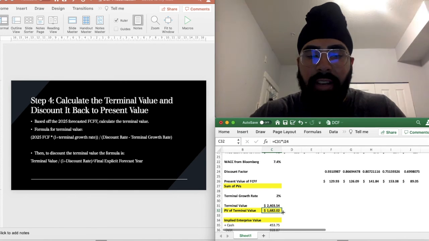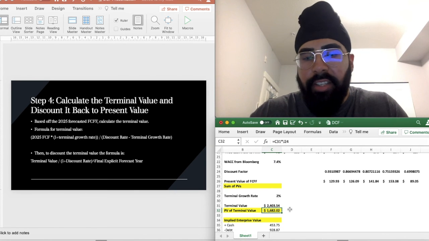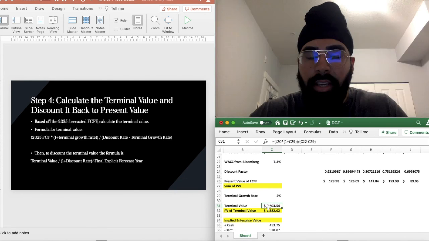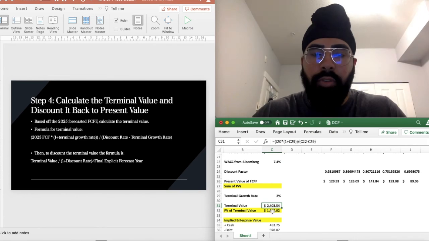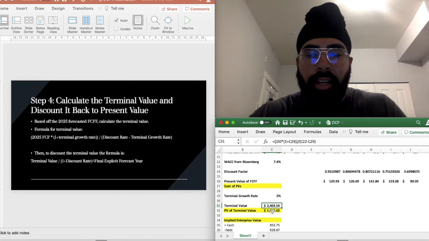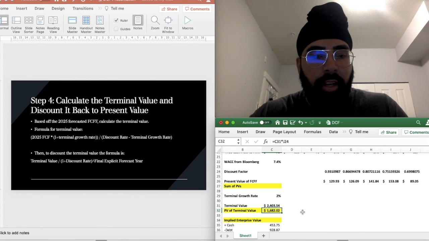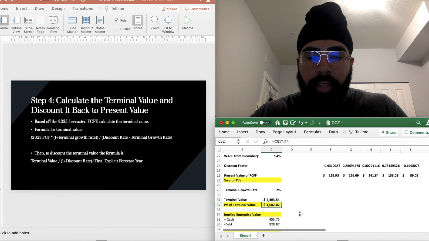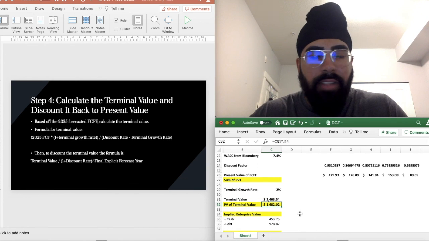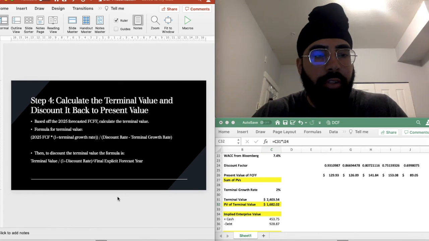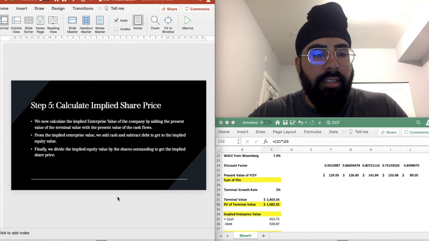So yeah, now we have the present value of the terminal value. That essentially means that whatever this value is, we're bringing it back to what it would be worth today, which is this 1,682. So yeah, now we have our present value of the terminal value, and we go on to our last step, I believe.